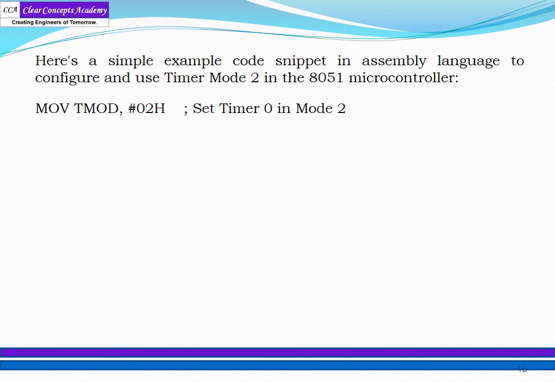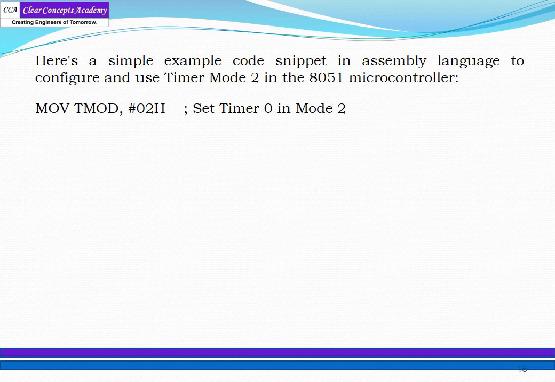That will be clear if you refer to the TMOD register, because 02 means you are using the lower byte for timer 0, and you are setting the value.